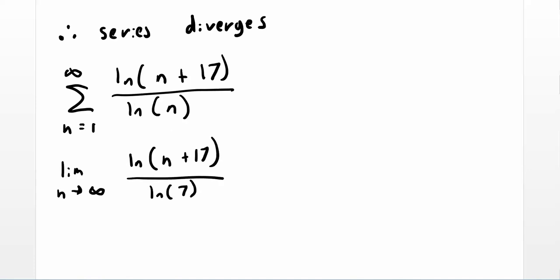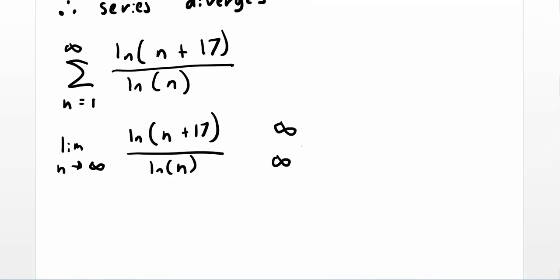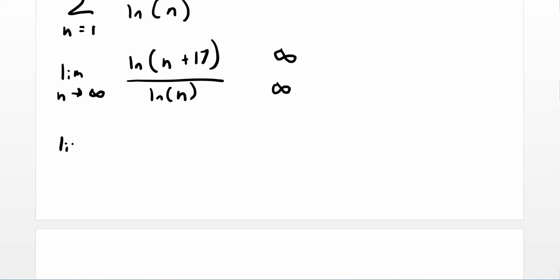Okay, oops, this should be an n. Okay, so there's a problem in this case because the top function is going to infinity, the bottom function is also going to infinity. And there's no real way to clean that up. So remember that when you have a function of this form where you're getting infinity over infinity or 0 over 0, you can use L'Hopital's rule and take the derivative of the top and bottom. We're going to be a bit lazy here and take the derivative with n's. You're not supposed to do it that way, but it's going to work out the same.